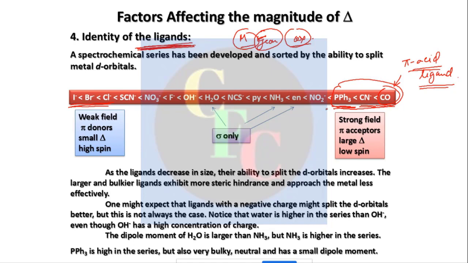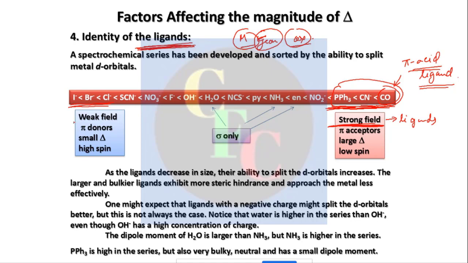Now these three, phosphine, cyanide and carbon monoxide, are all highly poisonous because they can form very strong bonds. They are found at the extreme right end of this series, showing that they produce a very strong crystal field, and they are so-called strong field ligands.